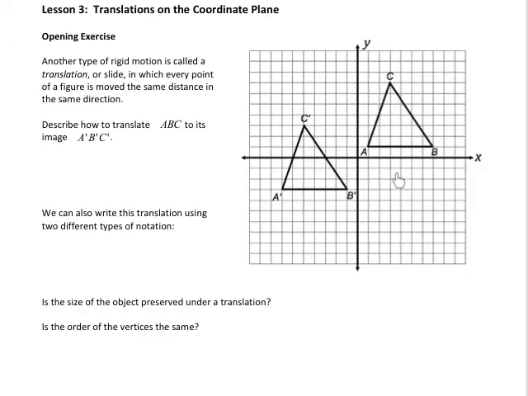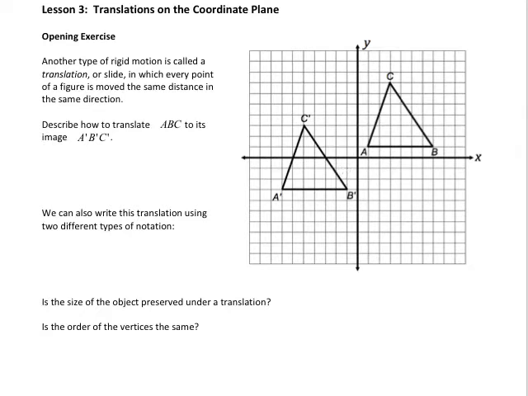So if you look at the pre-image ABC, and you want to explain what happens to ABC to move it to A prime, B prime, C prime, let's look at what happens to B. B is shifting, if I count left and then down, 1, 2, 3, 4, 5, 6, 7, 8.